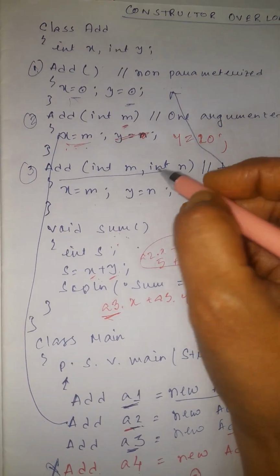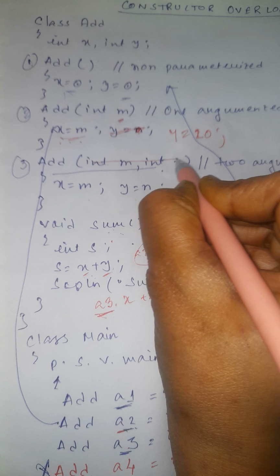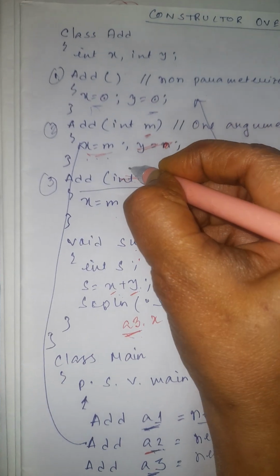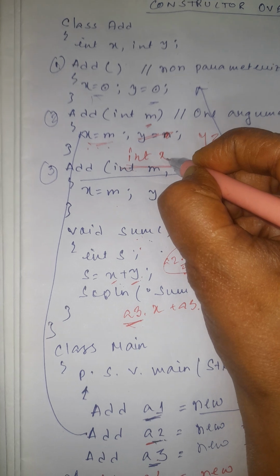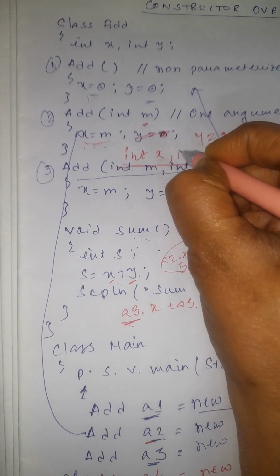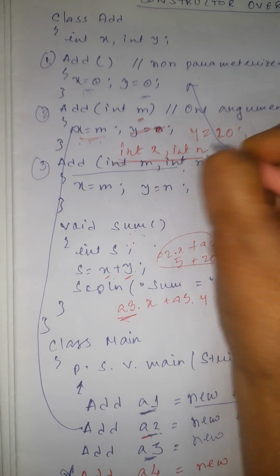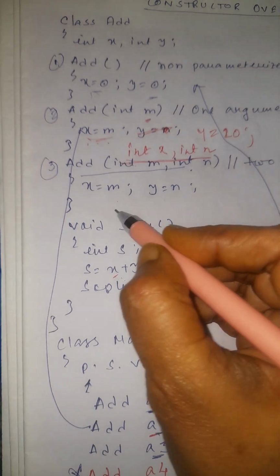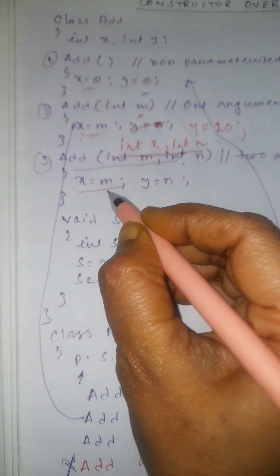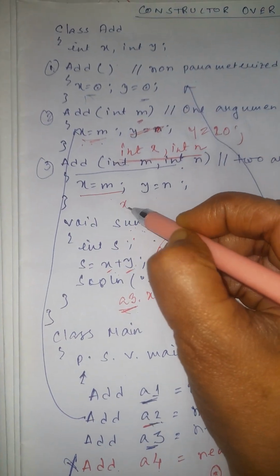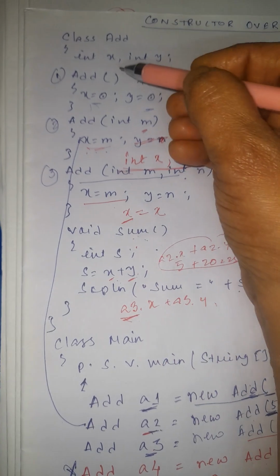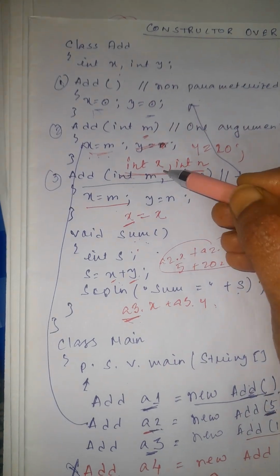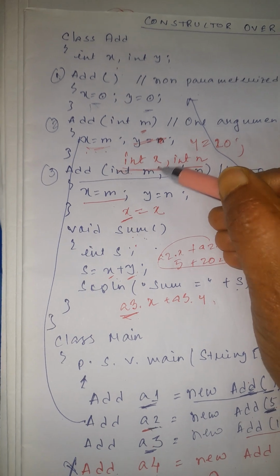If you use this one instead of integer m and integer n, if I write like this, maybe integer x comma integer n. Clear? So now here instead of x equal to m, I have to write x equal to x because my instance variable is also x and my passing variable is also x.